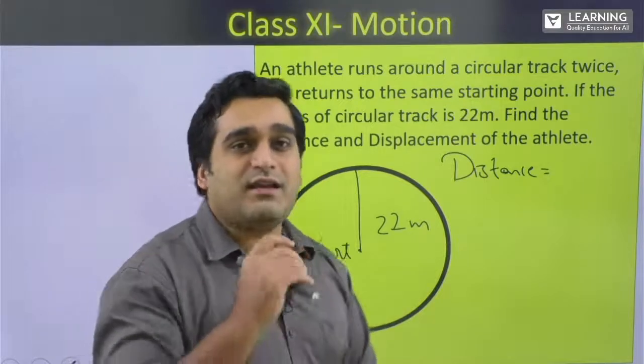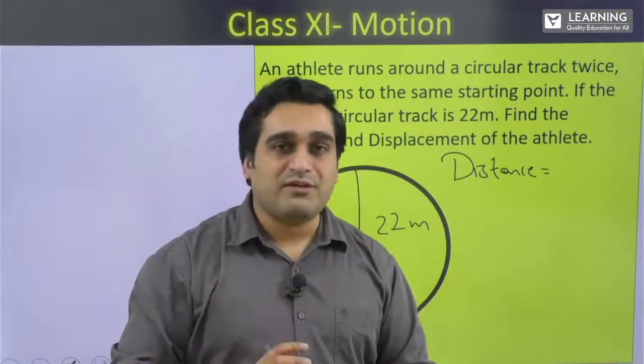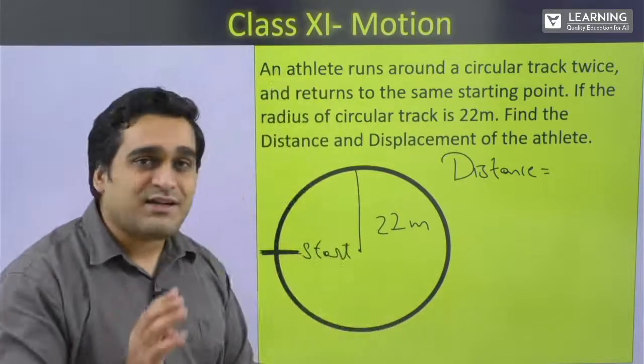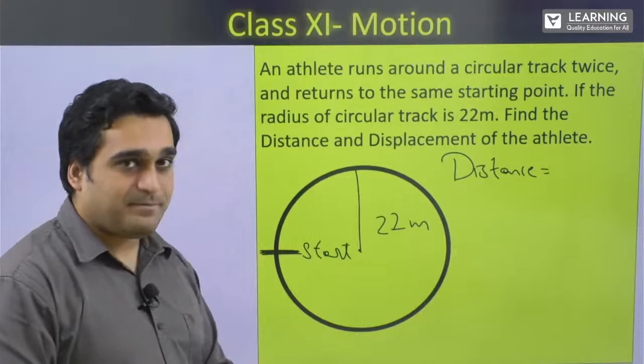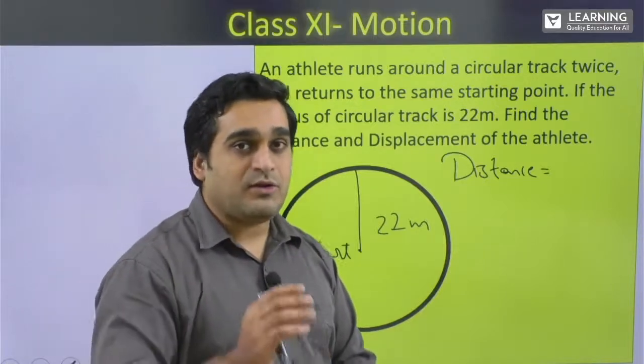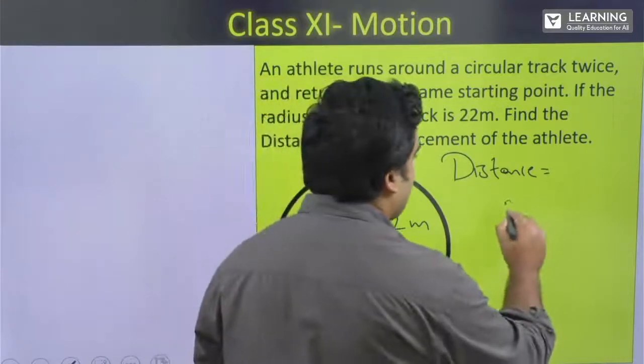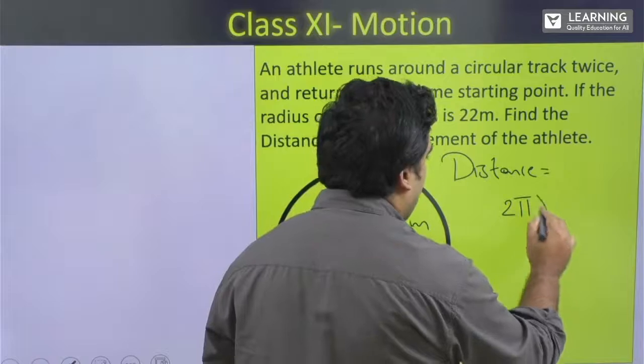How do we find the length of the boundary of a circle? The length of the boundary is called the circumference of a circle. How do we find the circumference? 2 pi r.